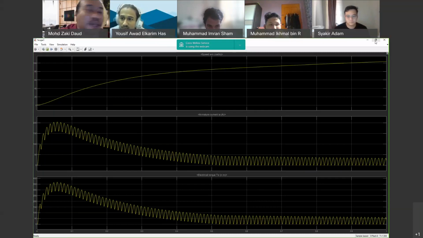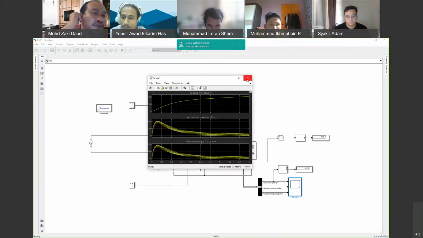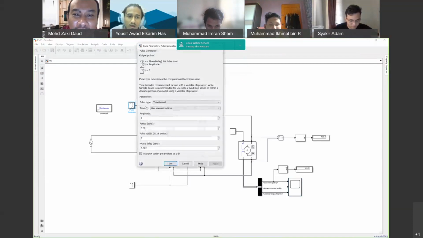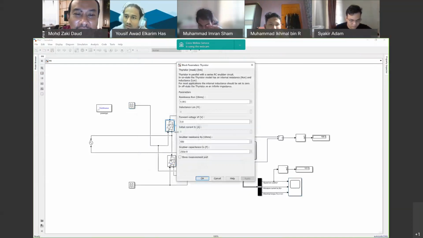How about the waveform coming into this one? Is it really 36, the firing angle? We just assumed. I asked you last week, you said I'd do this and this, and I just did.